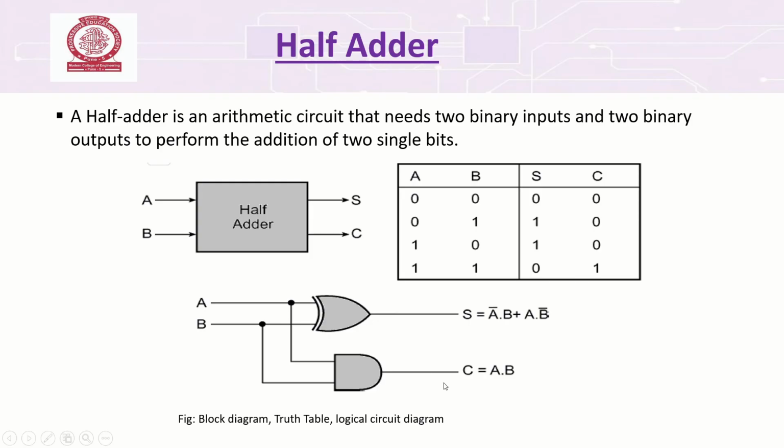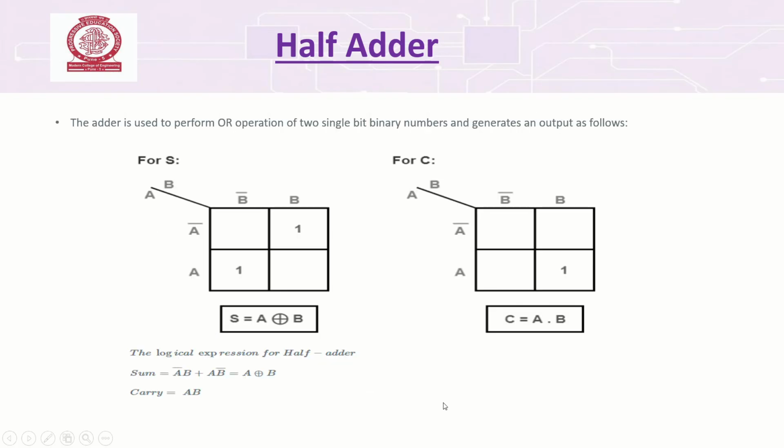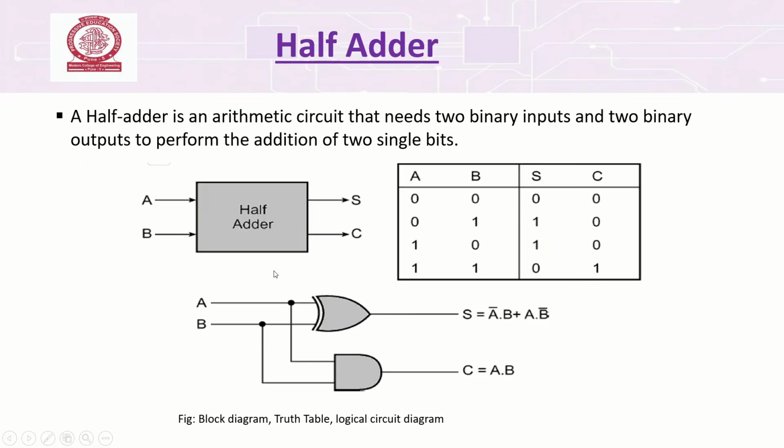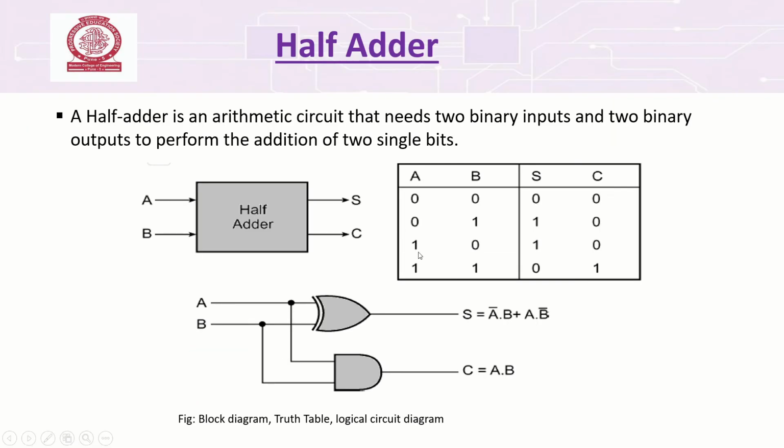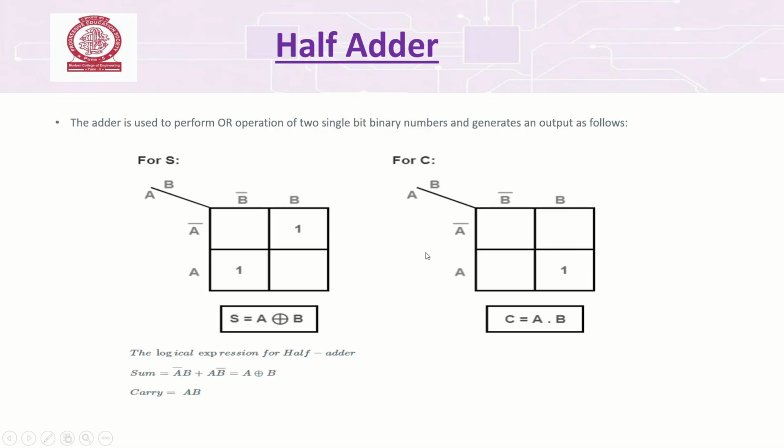Now we'll find the equations with the help of the K-map. I am assuming you already know the K-map, since we have already covered it, so there is no need to explain in detail, but I will give a rough review. I have 4 combinations and 2 inputs, so my K-map will have 4 cells.